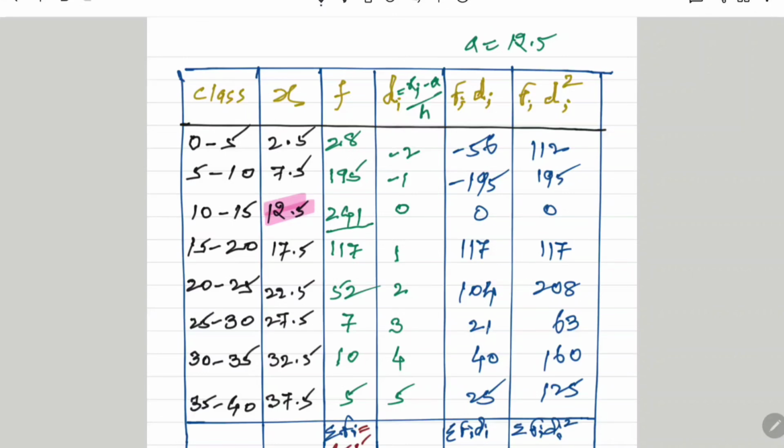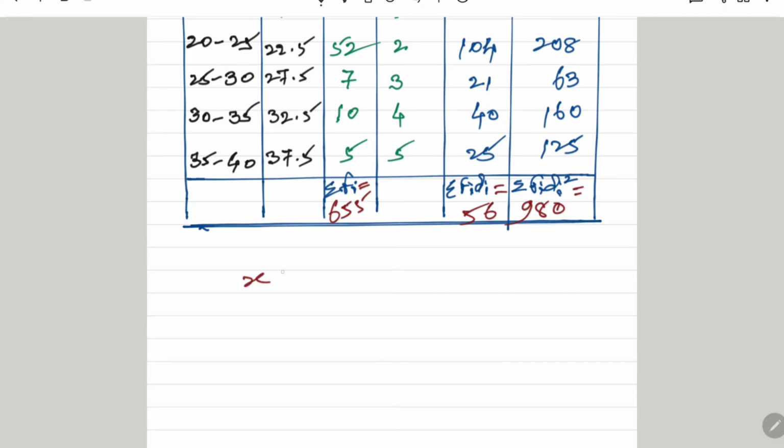Then summation of fi di values, that sum is coming as 56. And summation of fi di square, it is 980. Therefore, check all these three sums. Sum of f is 655, summation of fi di is 56, and summation of fi di square is 980.